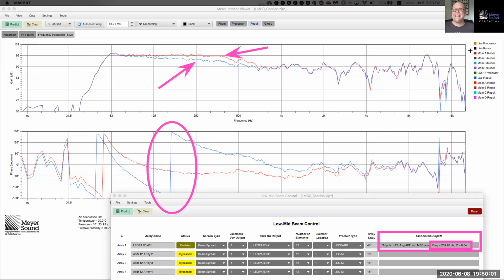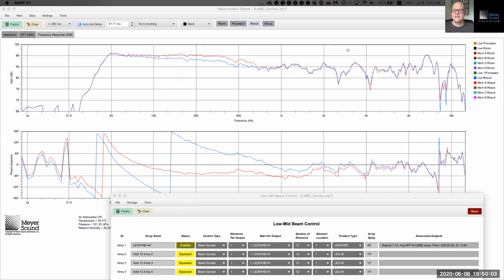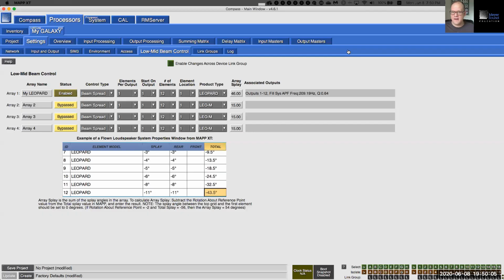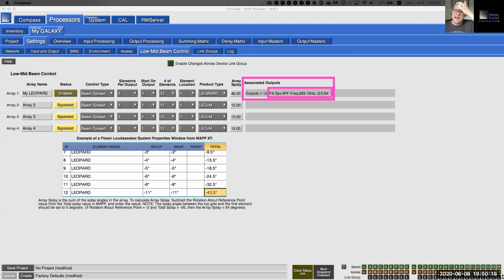We see a similar dialogue in Compass, telling us as well that in order for your fill loudspeakers to remain phase compliant after using the LMBC, this is the all-pass filter you need to apply to the outputs containing fill loudspeakers, those outputs that are not part of the Leopard array in this case.